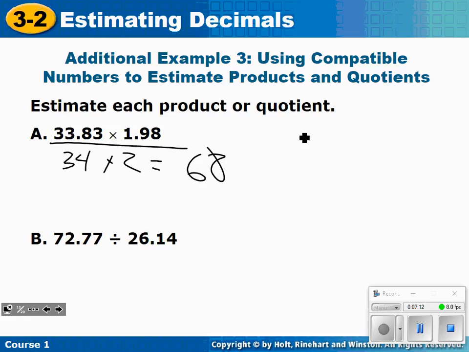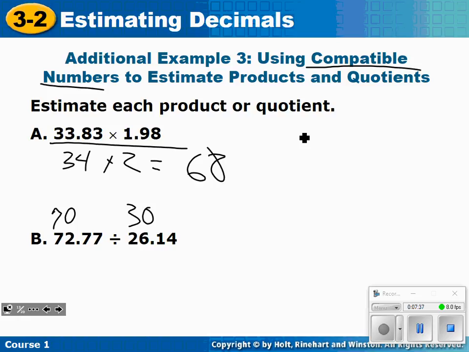Now this is where it gets a little bit more complicated. See this? Compatible numbers. We're doing division. There's a lot of you that are going to look at this and want to do 70 here and 30 here. But 30 doesn't go into 70 very well.